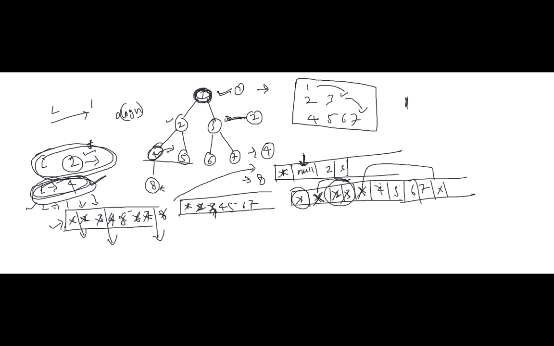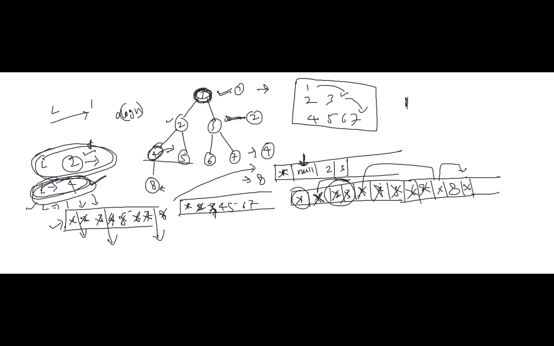I put this 8, I remove this 5 and do nothing, remove this and do nothing, remove 7. So this level is completed. I can simply say that we should jump to the new line, because we are getting null, so we again put this null here, right?